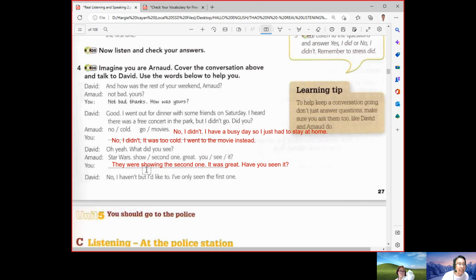Or like in here: Oh yeah, what did you see? So they were showing the second one. It was great. Have you seen it? So what do you think would be the expression that we can replace with this one?